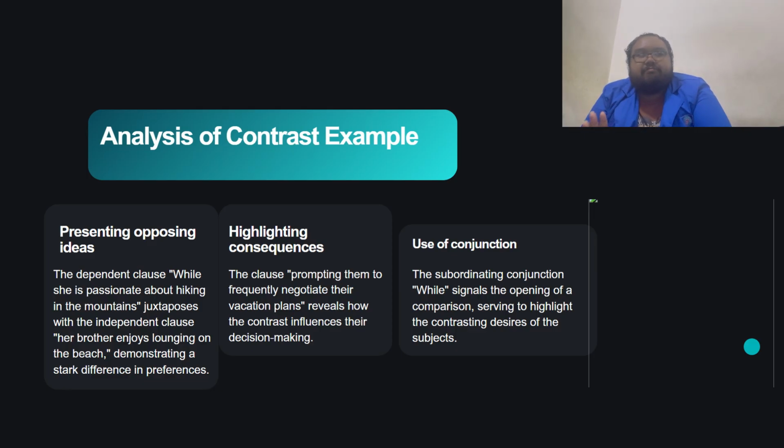The clause prompting them to frequently negotiate their vacation plans reveals how the contrast influences their decision making. Use of conjunction: the subordinating conjunction while signals the opening of a comparison, serving to highlight the contrasting desires of the subjects.